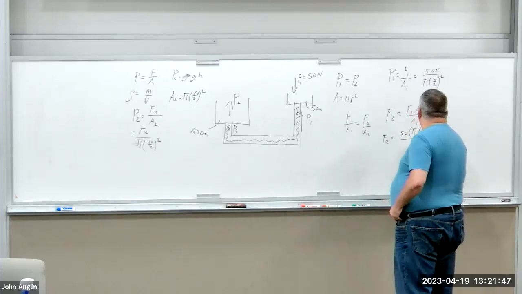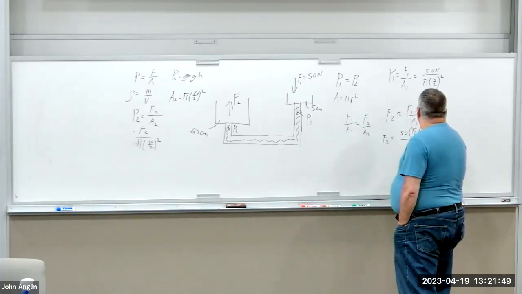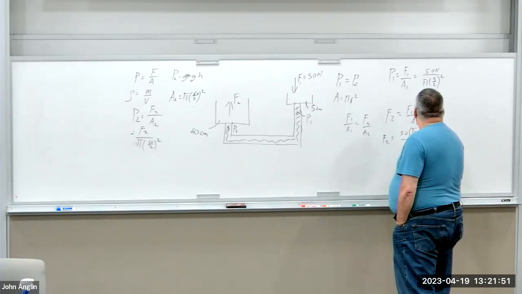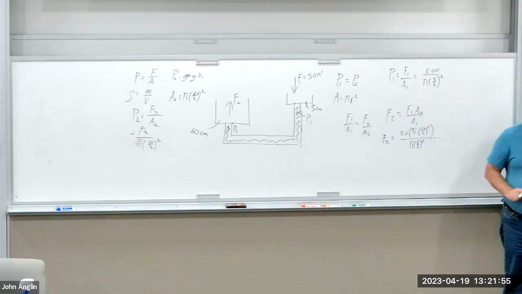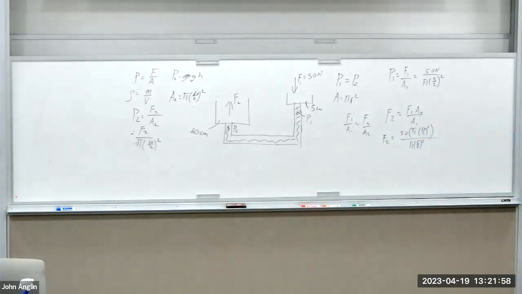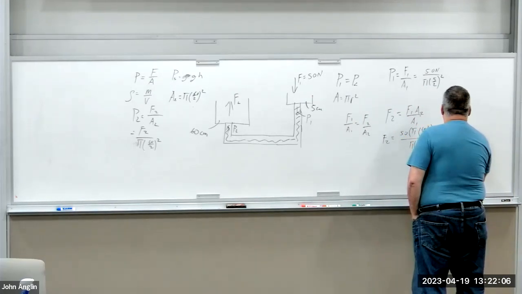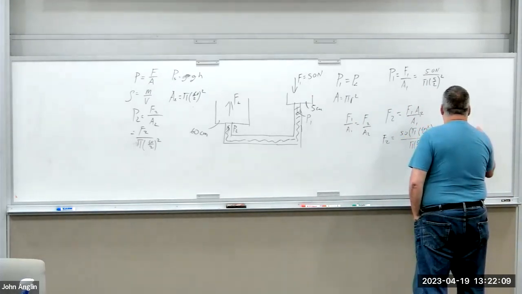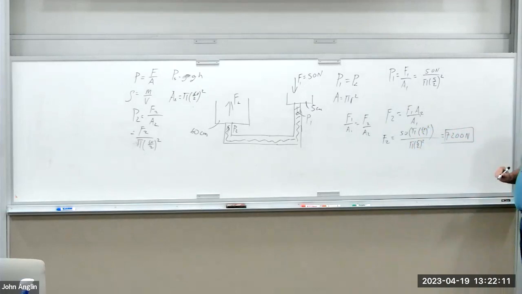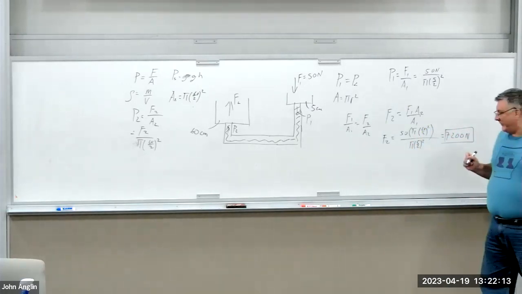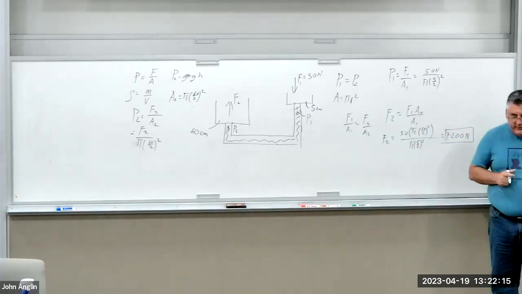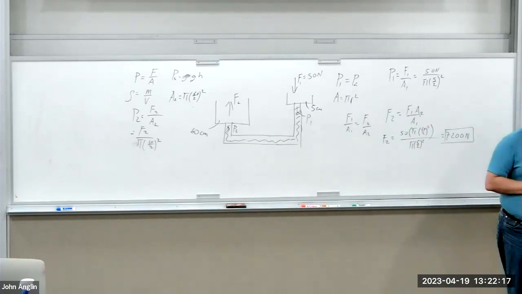And A1 we know is pi times 5/2 quantity squared. So if we do the math there, we find that we have an output force of 7,200 newtons. That's a lot.